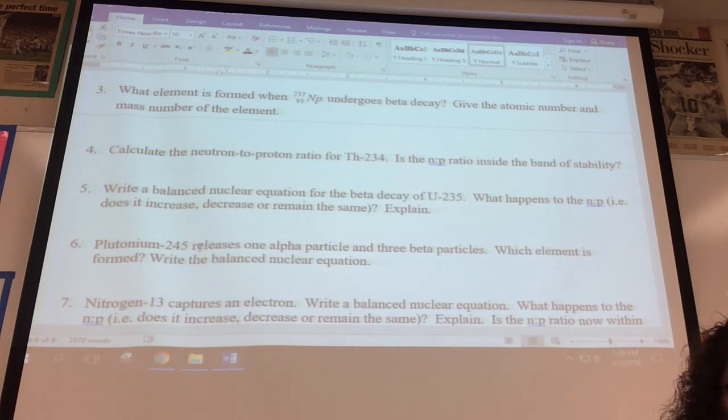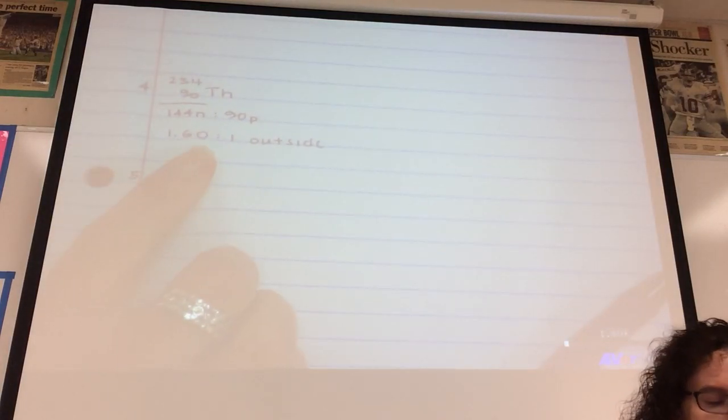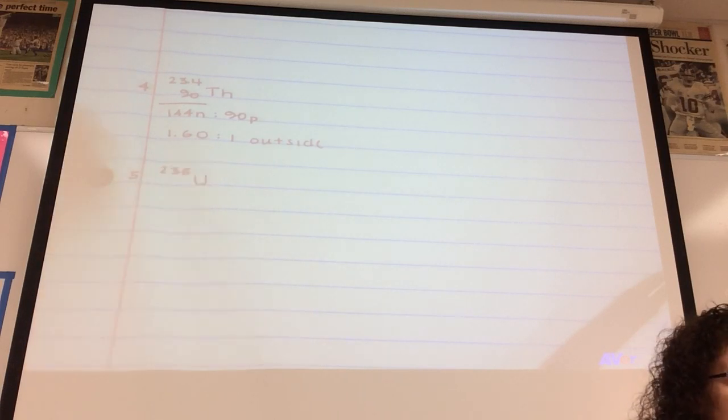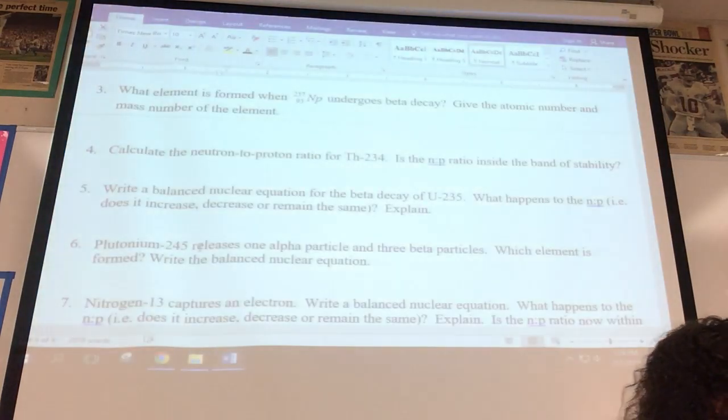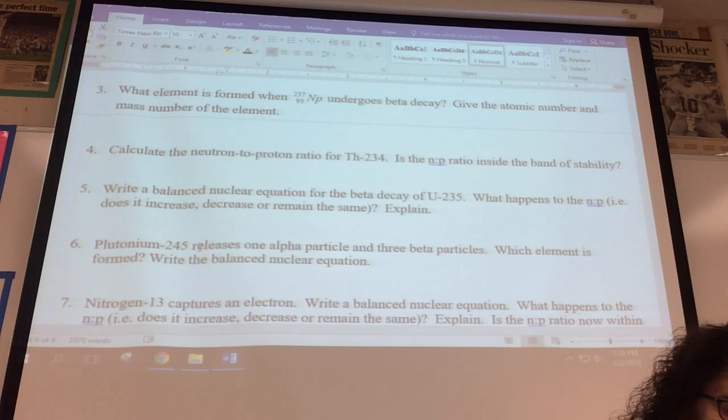What'd you get? What was your ratio? 1.6 to 1. That's what I got. Now look at number 5. Try and do 5. It says write a balanced nuclear equation for the beta decay of uranium-235.